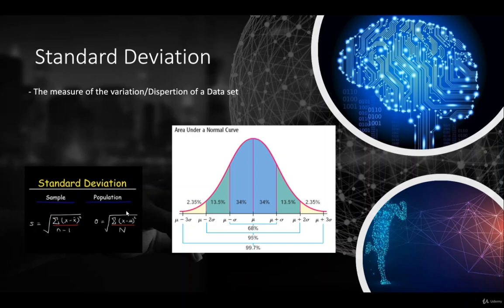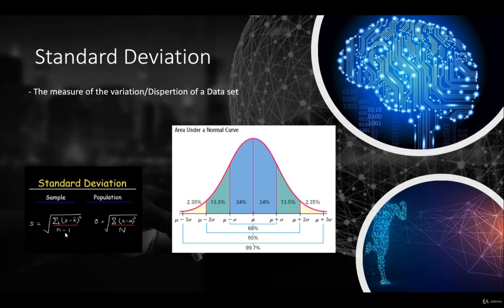So in this case, if we have a data set of 1, 2, 3, 4, it's going to be 1 minus the mean of our data set, multiplied by itself, plus 2 minus the mean multiplied by itself, plus 3 minus the mean multiplied by itself, plus 4 minus the mean multiplied by itself, and everything divided by the number of numbers that we have minus 1.